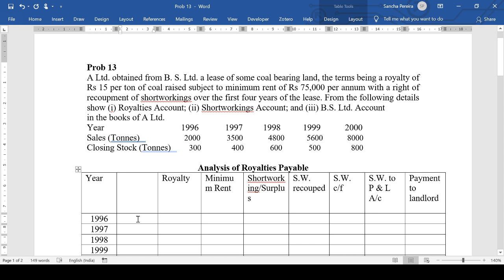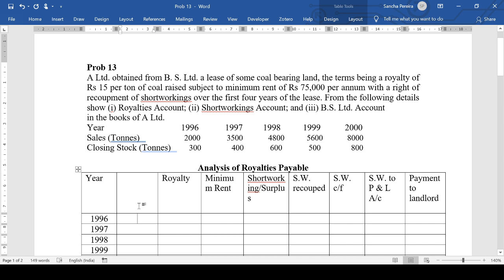We have to take the figure of coal raised. What are these figures they've given us? They've given us how much is sold, and they've also given us closing stock. Closing stock means what? They had raised a certain amount, but that did not get sold, and that is what has remained with them.